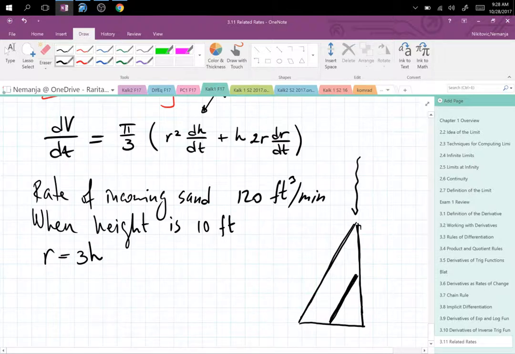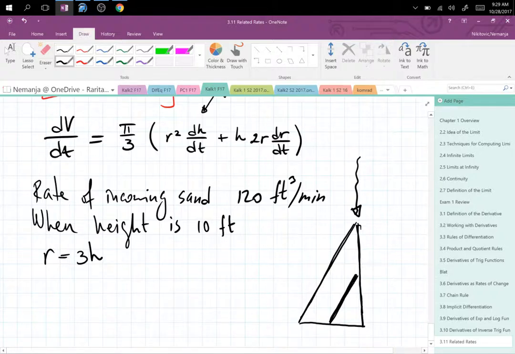Sand is coming in from this direction, and I'm just drawing half of the cross section. If you cut through, you will get an isosceles triangle. I'm just looking at the half, because these are the heights and the radius that I worry about.